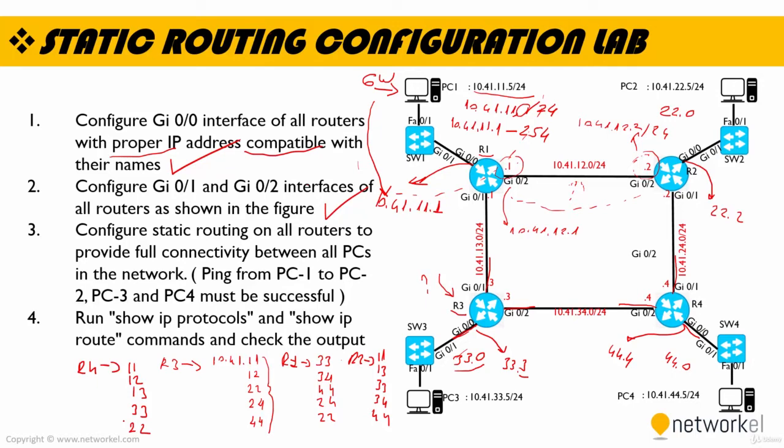And now I have defined for which networks I'm going to use static routing statements. For example, for router 1, I'm going to get into router 1 and say, hey router 1, if you have a packet which has a destination network ID of 10.41.33.0, send the packet to here.